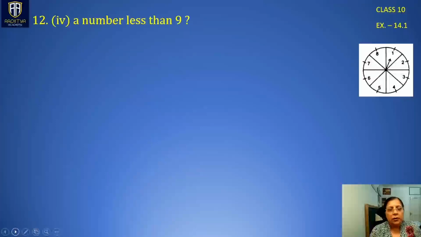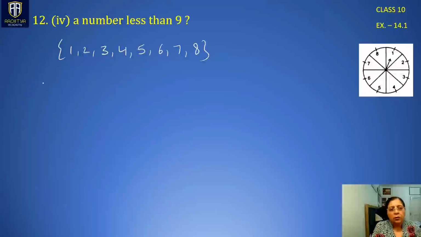Next is a number less than 9. Okay, now you can see that in the sample space of this event, this experiment, these are the possible outcomes. As you can see in the sample space, all the numbers are less than 9. So here probability of number less than 9. So the favorable outcomes upon total outcomes.